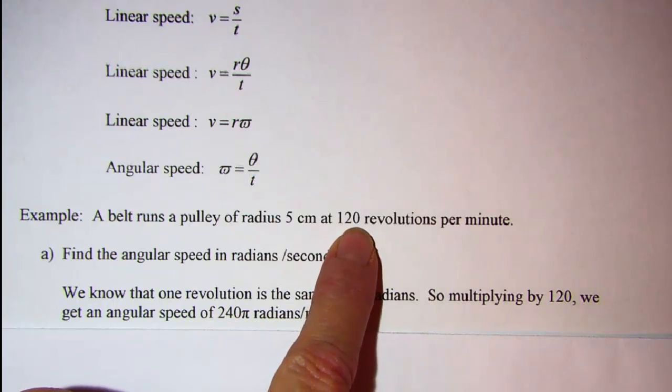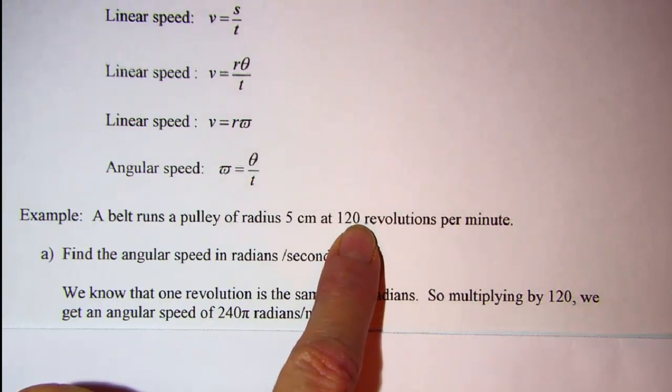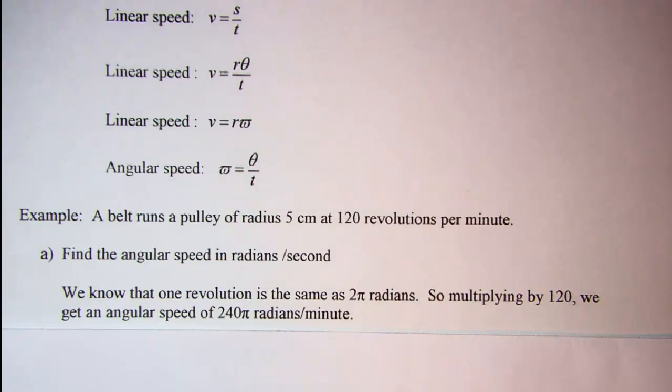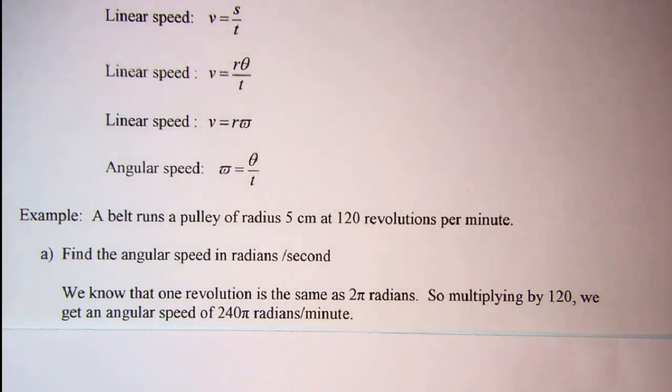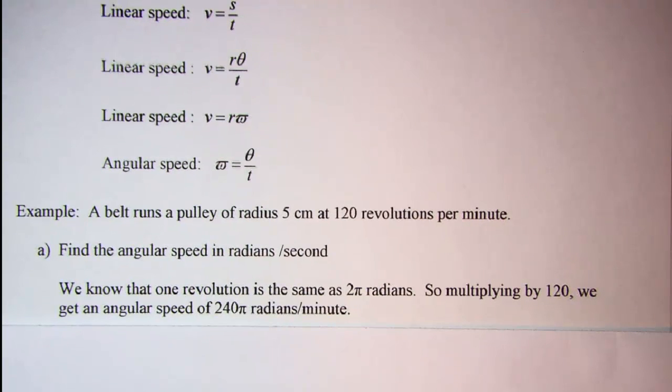Since we're going 120 revolutions, we multiply by 120 and we get the angular speed of 240 pi radians per minute. So multiplying 2 pi times 120 changes that to radians per minute.